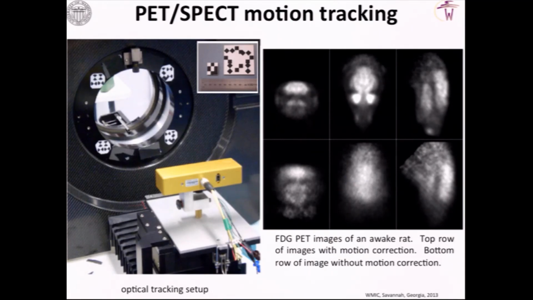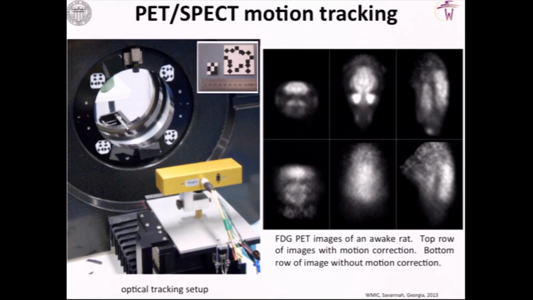They're placing a little optical marker on top of the mouse or rat heads, and tracking the motion of the animal during the imaging session so that they can do brain imaging studies on awake animals. Because, of course, if you anesthetize them, it's going to affect the imaging of their brains.